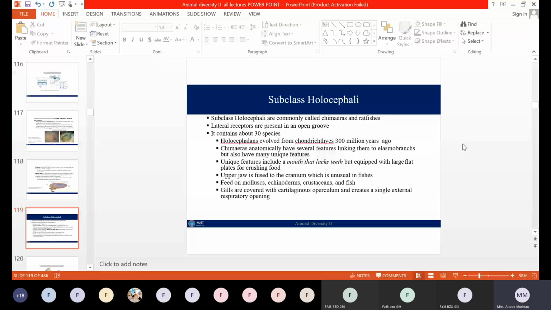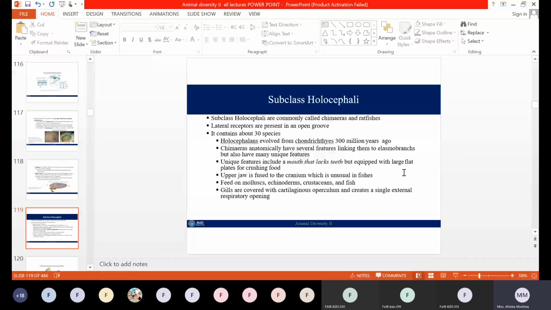If you talk about its jaw, its upper jaw is fused to the cranium, which is very unusual in fishes. They feed on, as I have discussed earlier, mollusks, echinoderms, crustaceans, and fish.